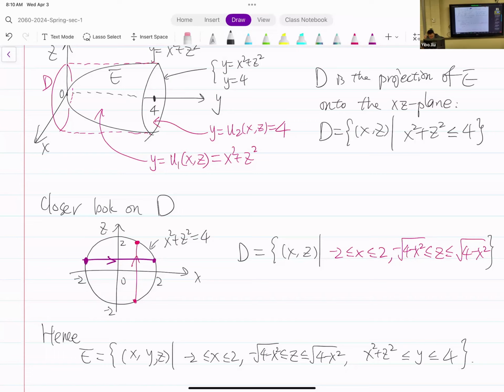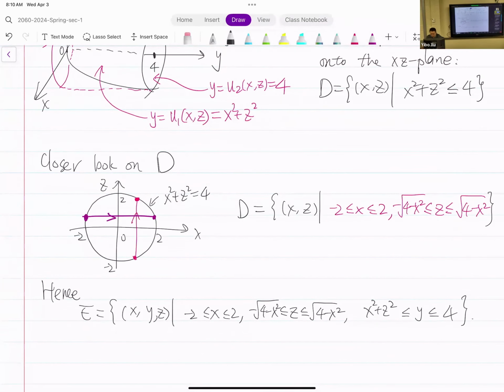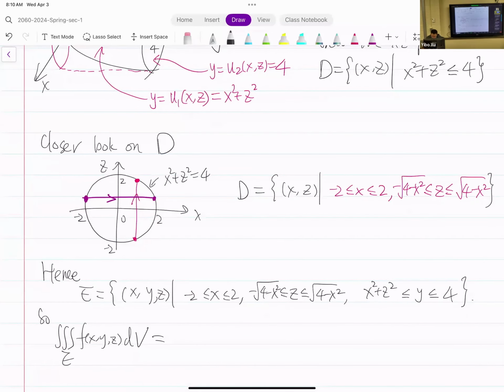Right. And then if we want to write down the triple integral in an alternative way, we just follow this description of V. Okay. So the triple integral over the solid of the function multiplied by dV, the way that you subdivide the solid. So here we just follow the order. So this is -2 to 2 dx.